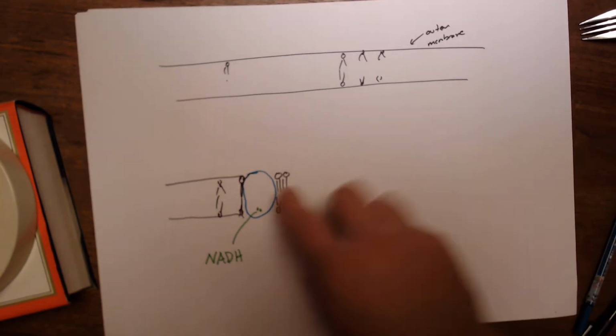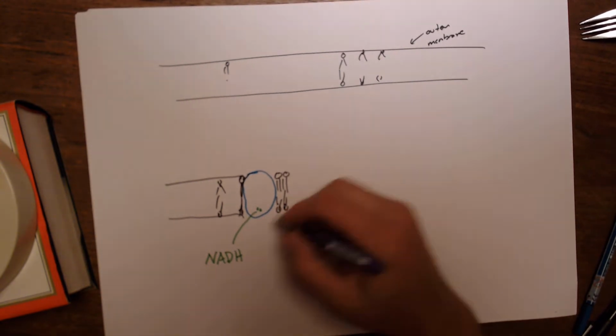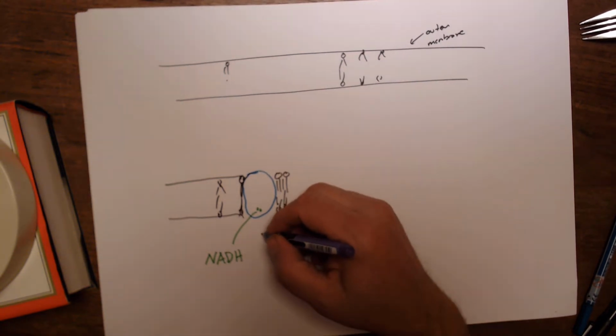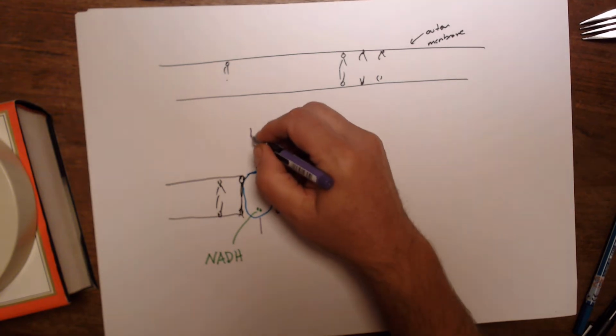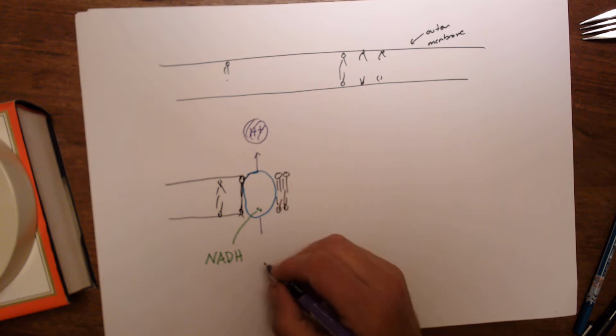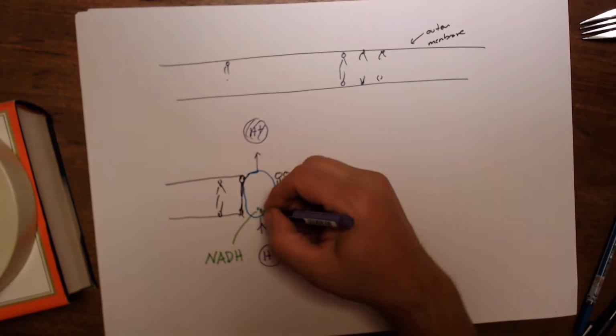And so we have to keep in mind that this is only one step in a much longer, more complicated situation. So what's happening now is that you have a protein here that now allows, because of these electrons, pumps H plus ions through the membrane from this side. So it pumps it through.